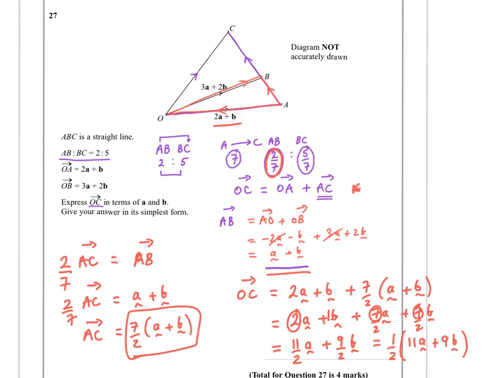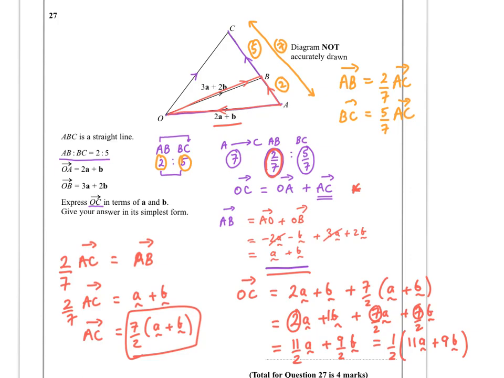I think the difficult part of that question was the ratio part. Another way of doing it is you could say that A to B has 2 of those parts and B to C has 5 of those parts, but as long as you know that there's 7 parts from A all the way to C, then you should remember that AB is 2 of those parts out of a total 7 of AC, and if you wanted BC, then you'd say, well, that is 5 of those 7 parts of AC.